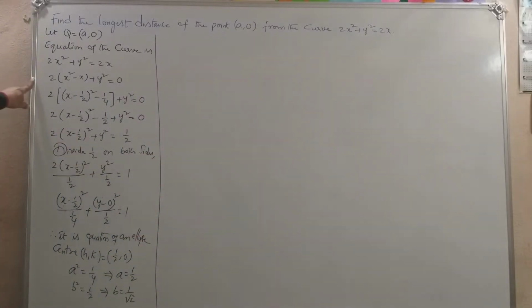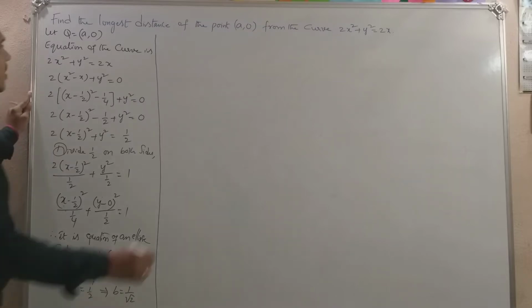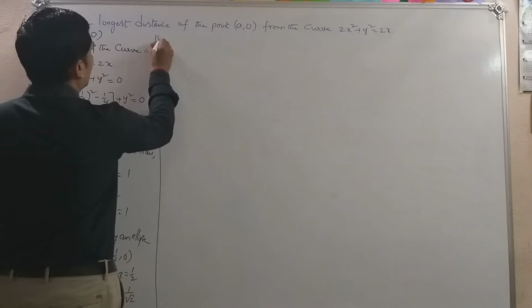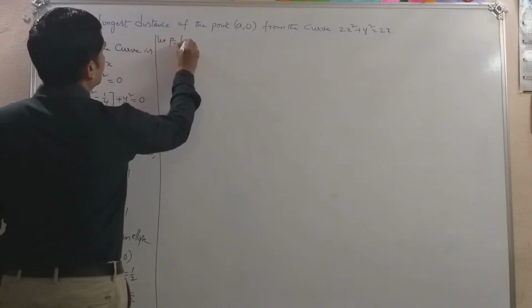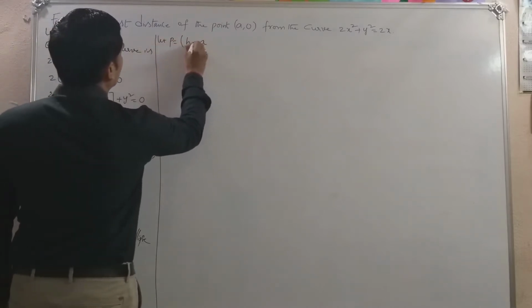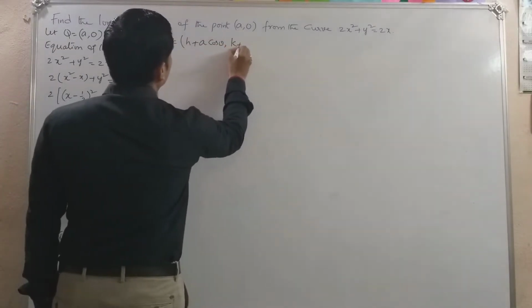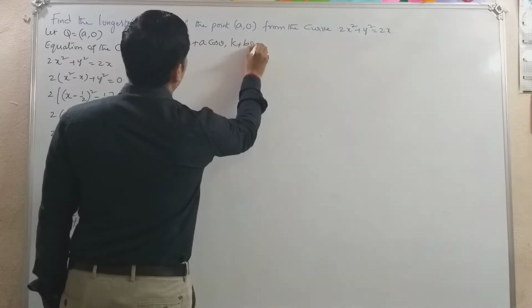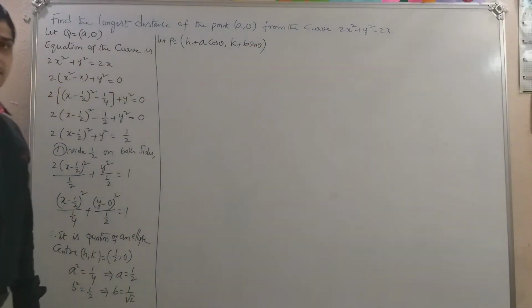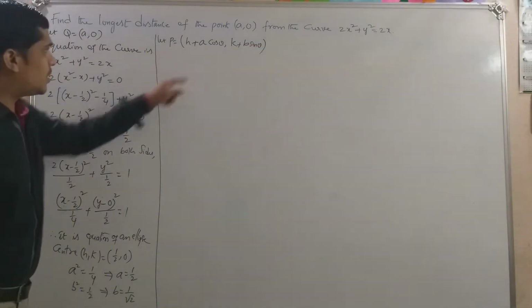Now if I want to consider a point P on the ellipse, what is the general form of a point? Let P be (h + a cos θ, k + b sin θ), a point on the ellipse. But what are the h and a values here?